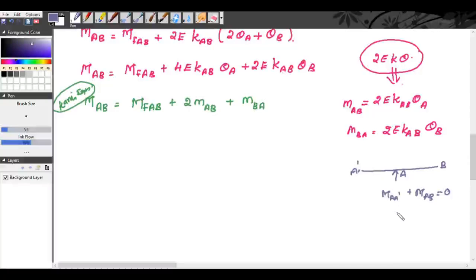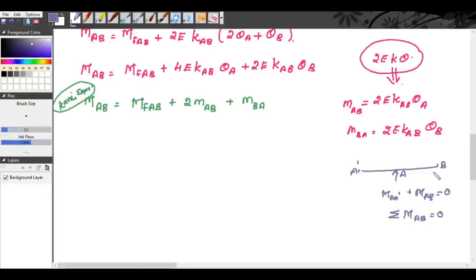That is nothing but sigma MAB is equal to 0, the algebraic sum of end moments of all the members meeting at A will be equal to 0. If B is an intermediate support, the summation of all the moments meeting at B will be equal to 0.